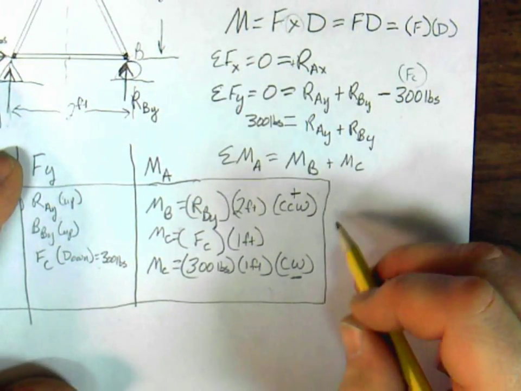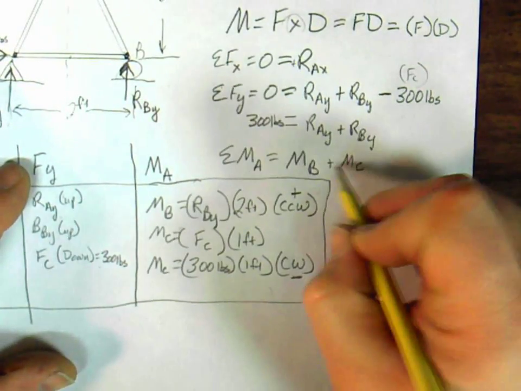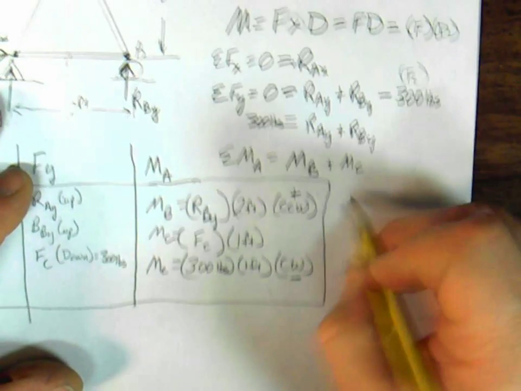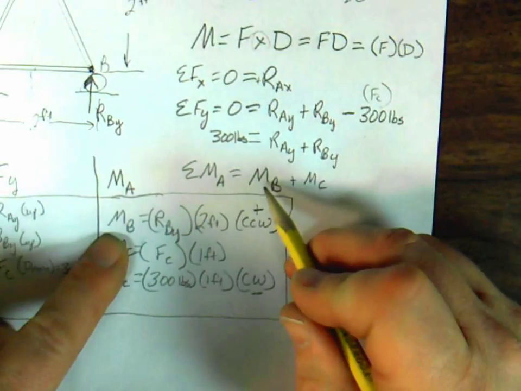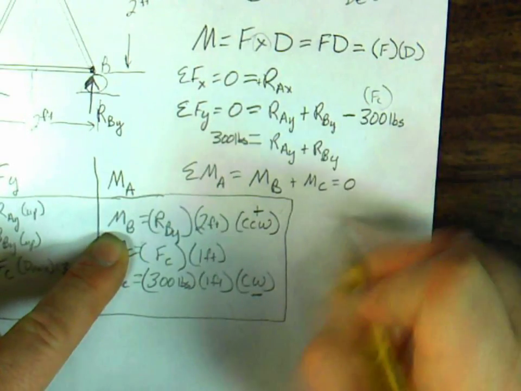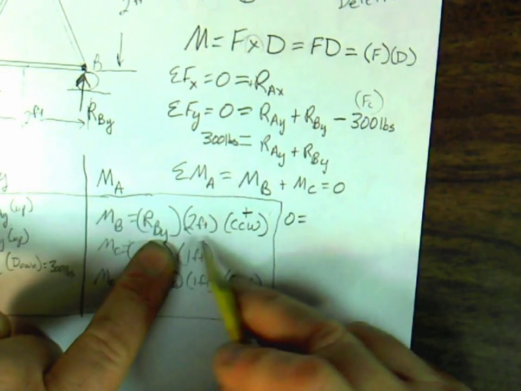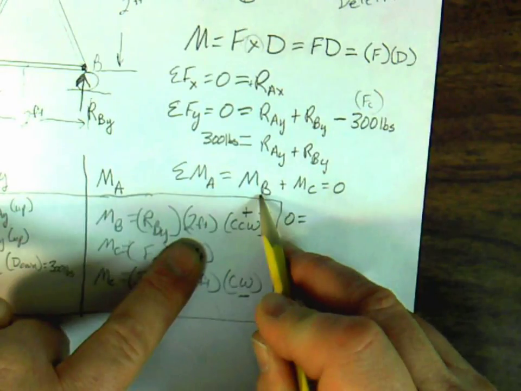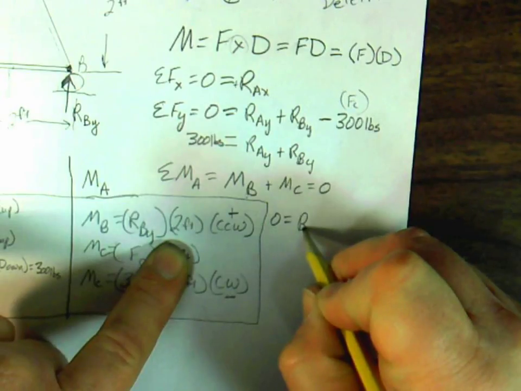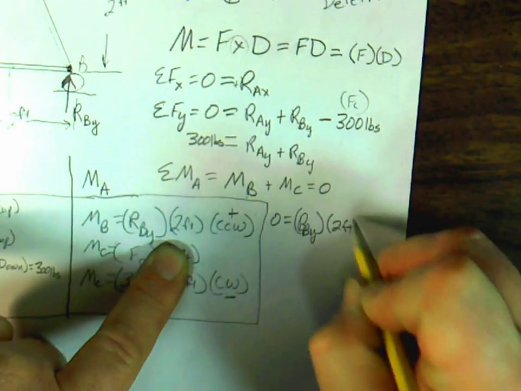So now let's go ahead. Here we know, let's do some substitution. So this is of course going to equal 0. So 0 equals, we're substituting in the value here for MB, because we know MB equals RBY times 2 feet, that's positive, plus MC, and here we're going to substitute our value for MC, which we've already determined.